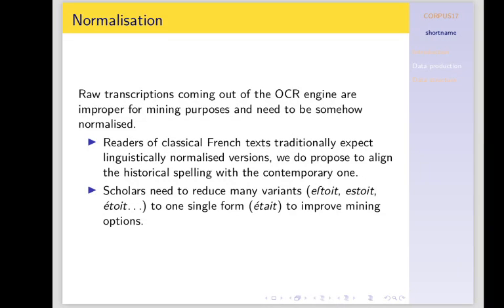Second, if we want to do data mining, we need to reduce many variants to one single form. I present here the case of the verb être, to be, in the imparfait, which is now written in even another way. So how do we provide text that people want to read and data that has been normalized so that we can mine it?